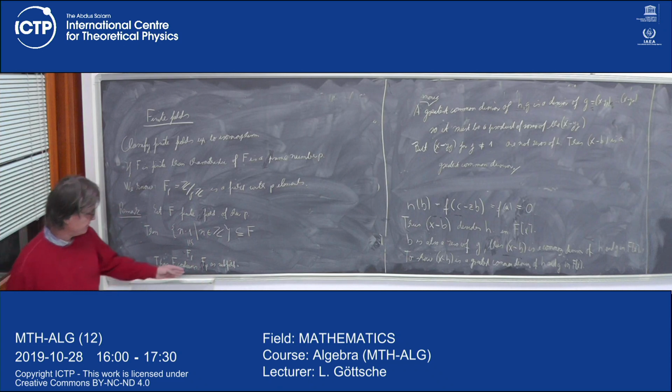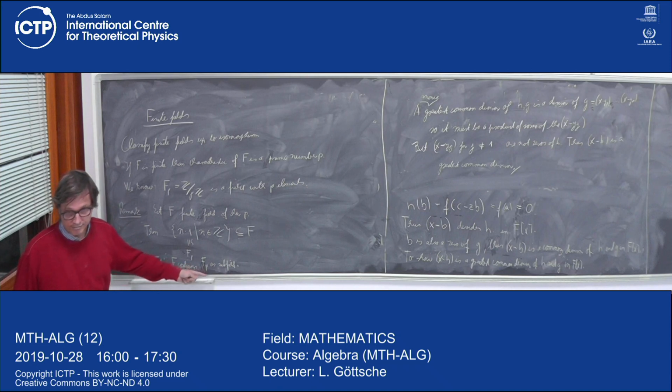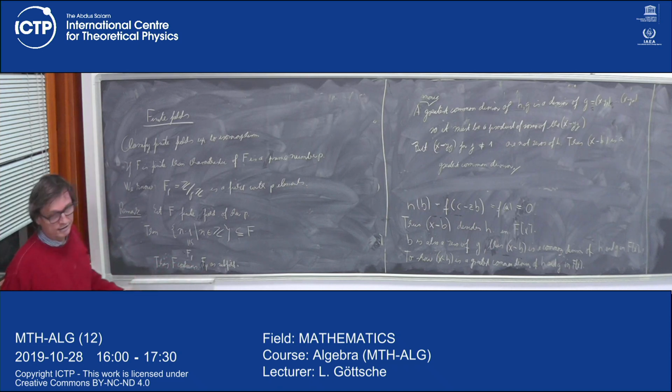So that means F is a field extension of Fp. As F itself is finite, it follows that it's a finite field extension of Fp, because if it was an infinite extension, then it would have infinitely many elements.